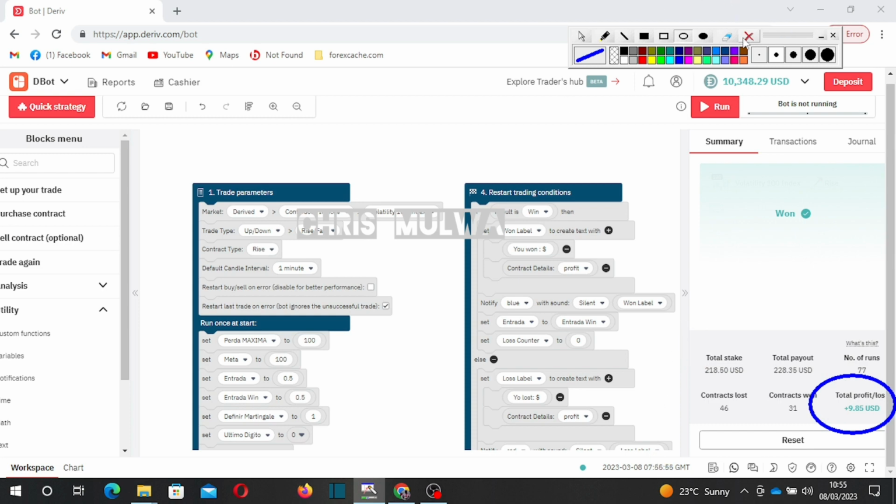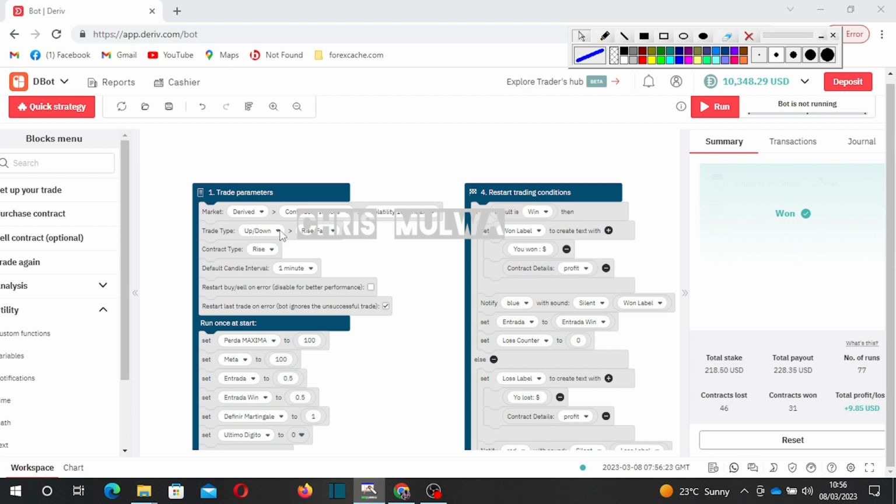I want to make some changes. What I am concentrating on is the stake and the contract type, that is all, and the trade type.